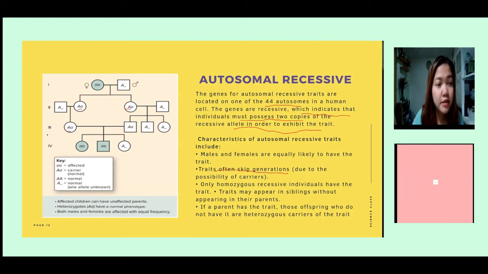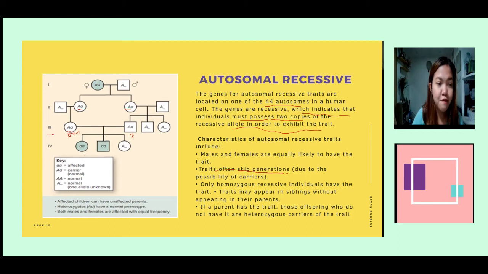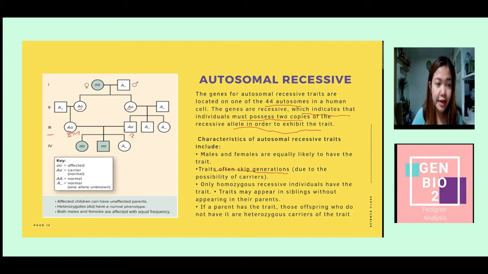So as you can see here, sa third generation, yung parents, individuals 1 and 2, yung anak nila, meron silang affected and then meron silang unaffected. So these two, they are actually carriers lang.